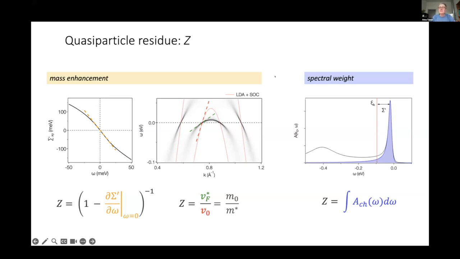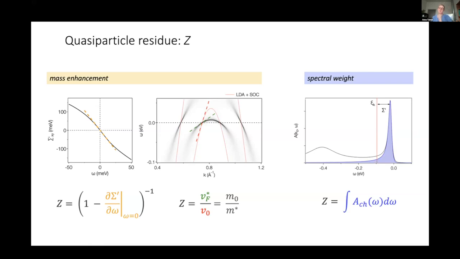A different one, and we'll discuss how equivalent it is, is to look at spectral weight. This is a picture that is quite used in the ARPES community to extract the quasi-particle residue from the integral of the coherent part of the spectrum. As you increase correlation, your spectral weight distributes differently between a coherent part and an incoherent part.